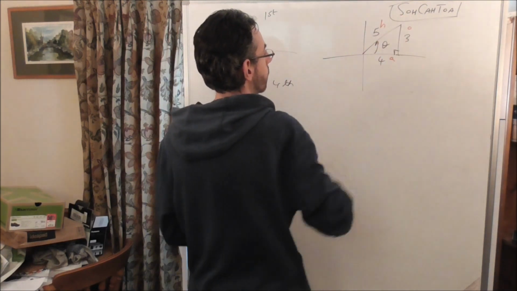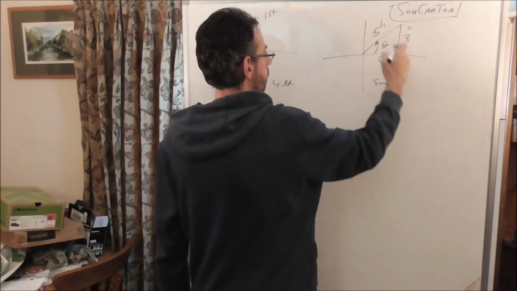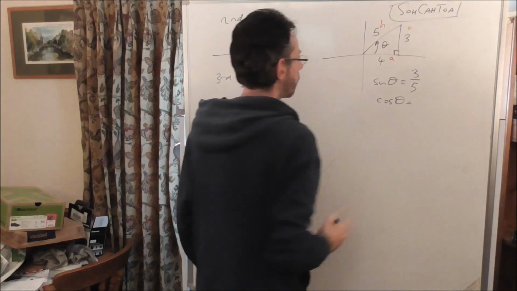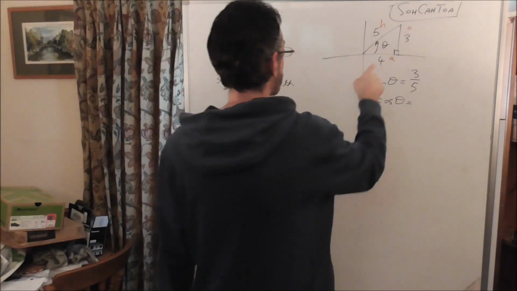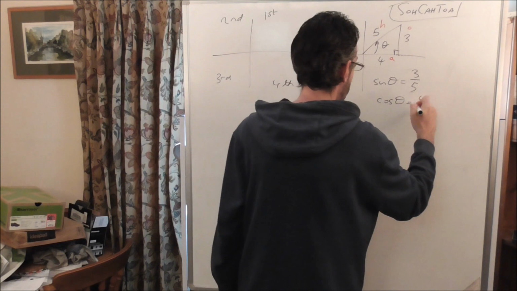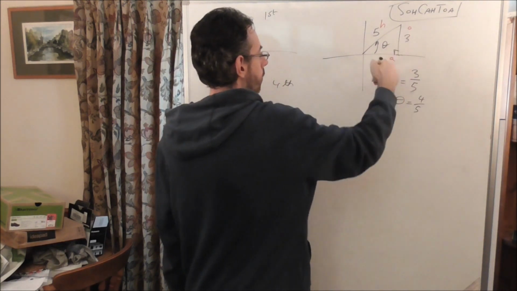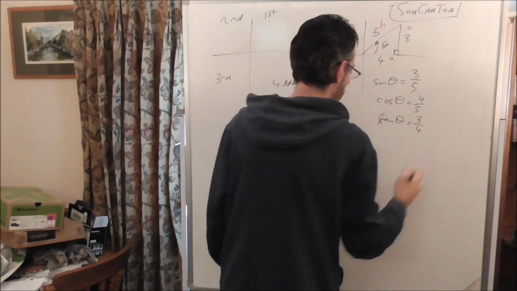Sine means opposite over hypotenuse, so sine theta is 3 over 5. Cos theta is adjacent over hypotenuse, here it's 4 over 5. And tan theta is opposite over adjacent, it's 3 over 4.